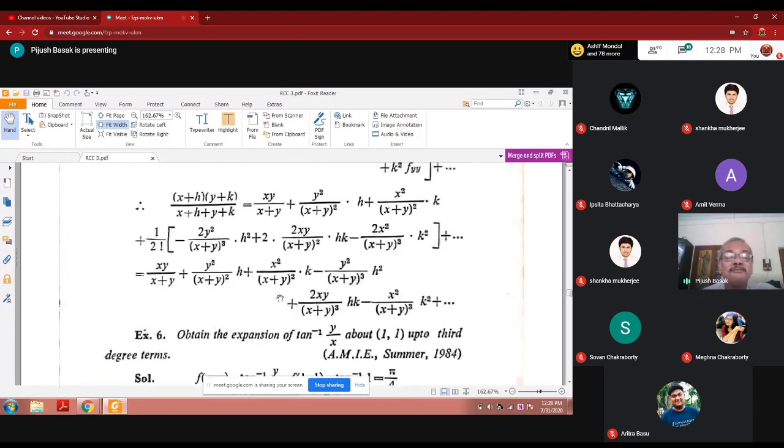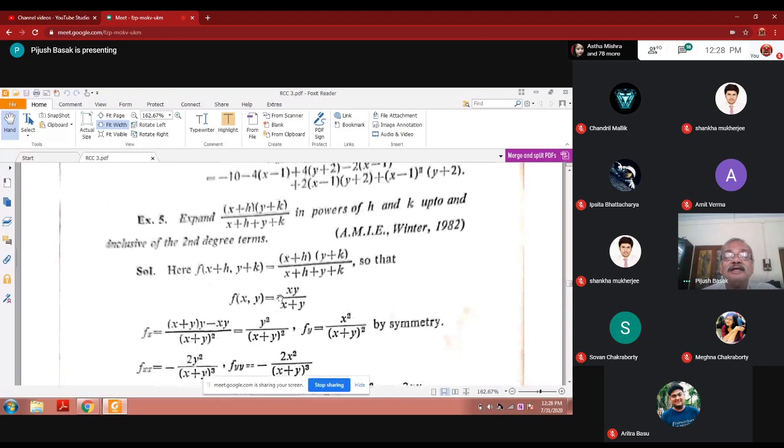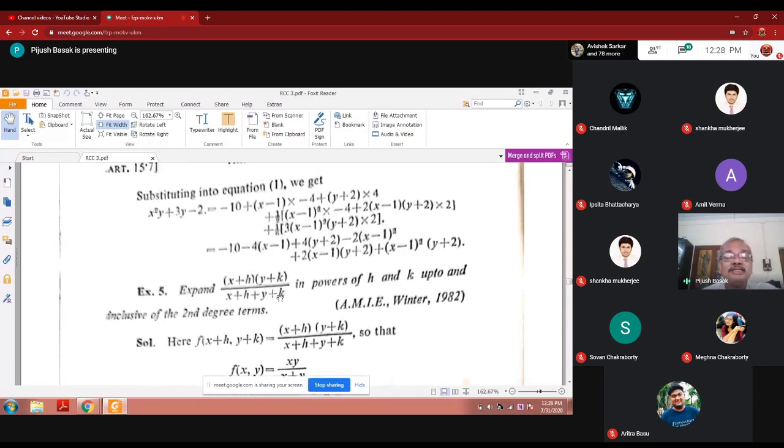The next earlier problem, yeah. So this is the expansion of x square y plus 3y minus 2.